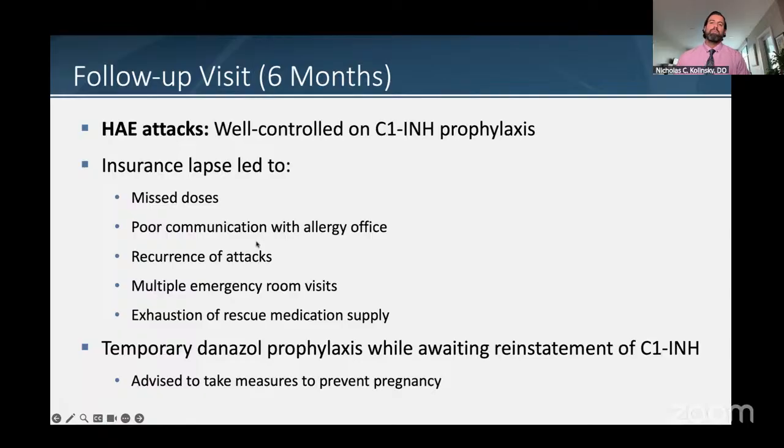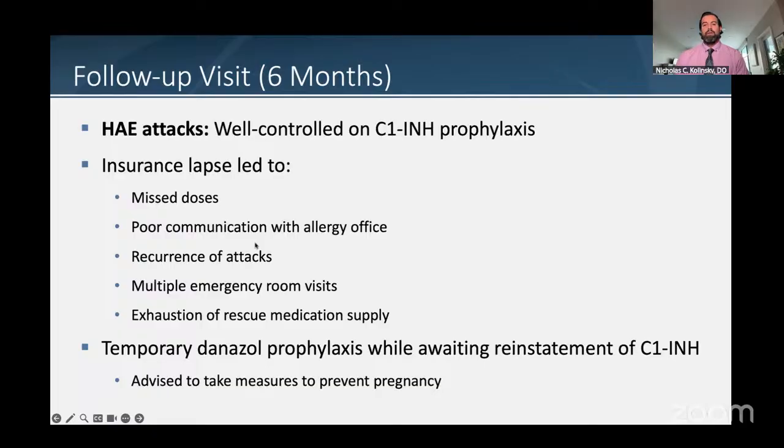So with some of the medications for hereditary angioedema, just overnight or very quickly, it can be hard to get some of them approved with the insurance company. And ultimately, we ended up putting her on danazol. Her symptoms and attacks were happening so frequently that we were worried if we continued to wait that she might have a life-threatening laryngeal attack, and potentially, again, it's life-threatening, so she could die from one of those.